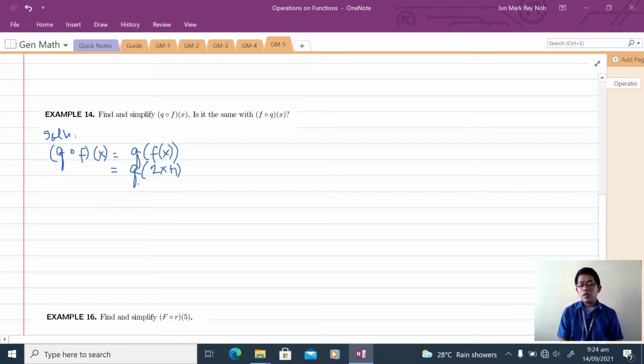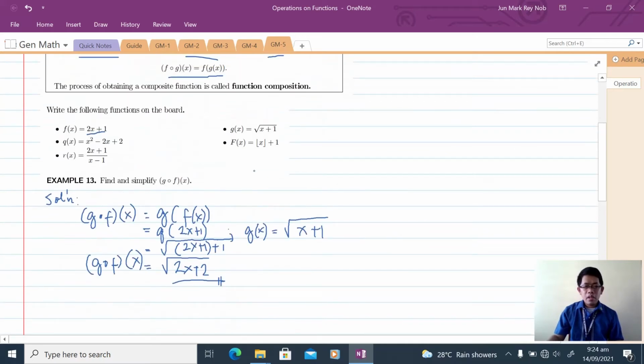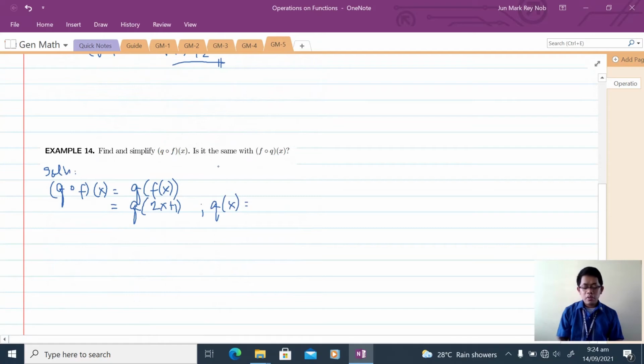Now, since we will be solving q of 2x plus 1, we have to find out what the function q is. Based from the given, that's simply equal to x squared minus 2x plus 2.